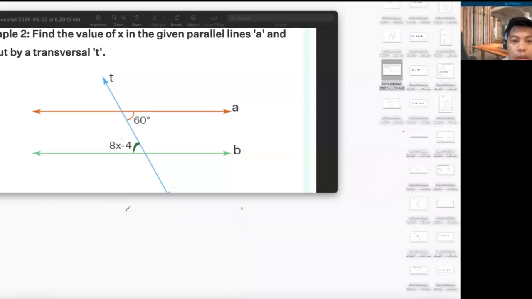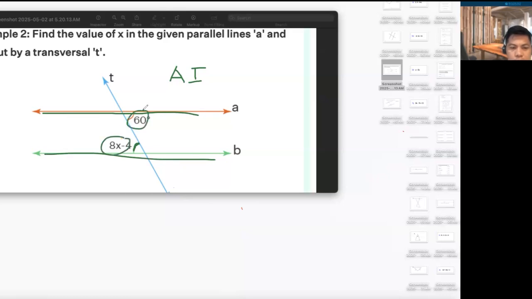We call them alternate interior angles. Alternate, because one is on the left, the other one is on the right. Interior because they are inside those parallel lines. And so you have to remember that they are equal.